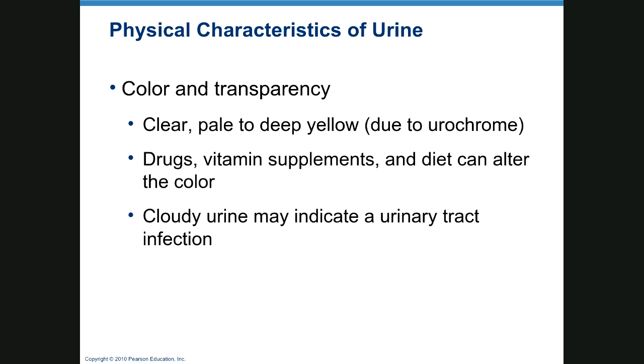Okay, physical characteristics of urine: clear, pale to deep yellow due to a chemical called urochrome. Drugs, vitamins, and diet can alter the color. Cloudy urine may indicate a urinary tract infection. And in your seniors, probably the first thing you're going to see in a urinary tract infection is an altered state of mentation.